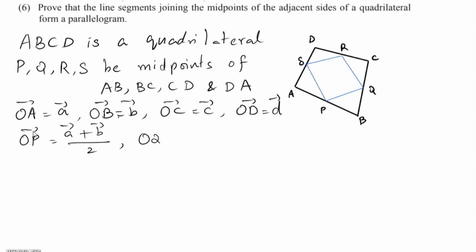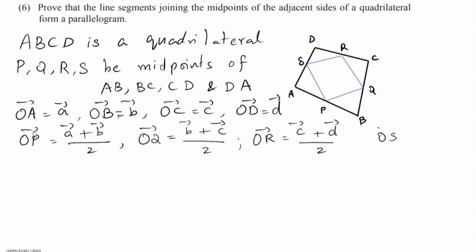Similarly, OQ will be equal to vector B plus vector C divided by 2. Our vector OR will be defined as vector C plus vector D divided by 2. And our vector OS would be equal to vector D plus vector A divided by 2.